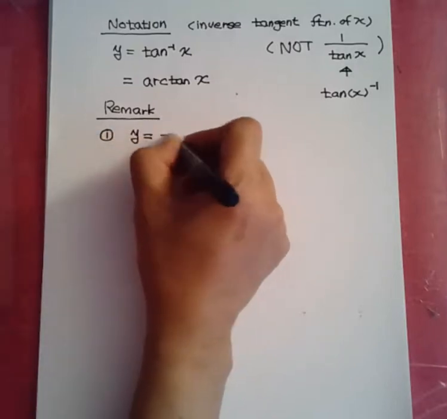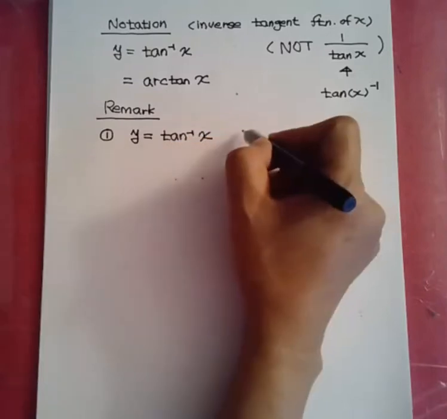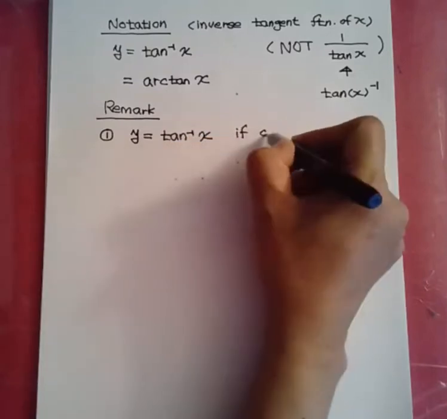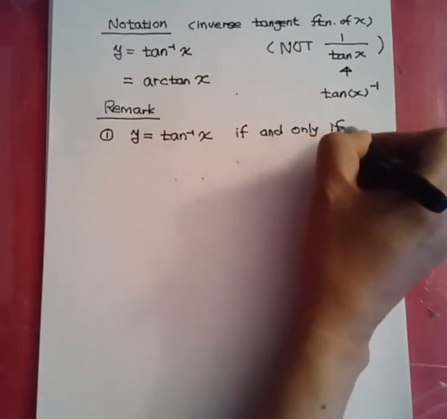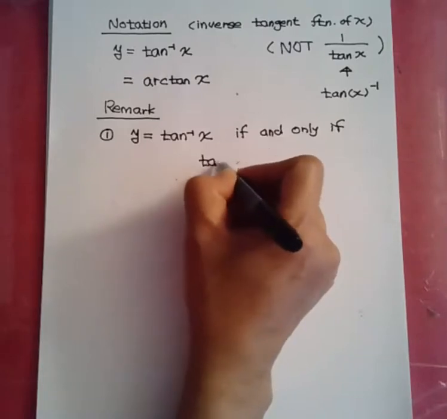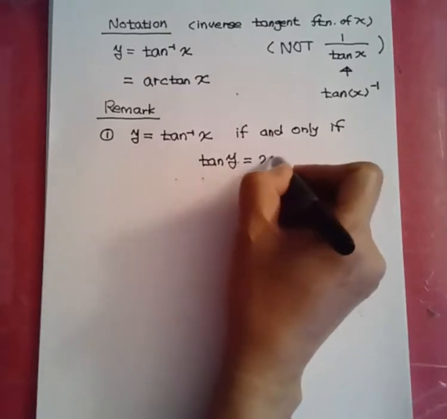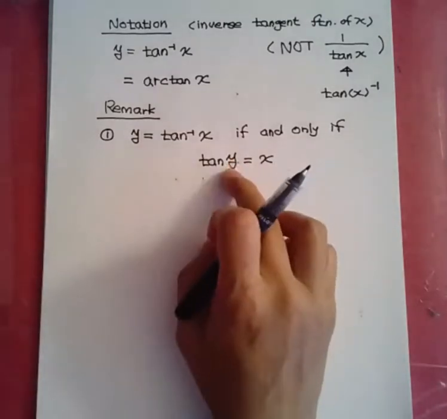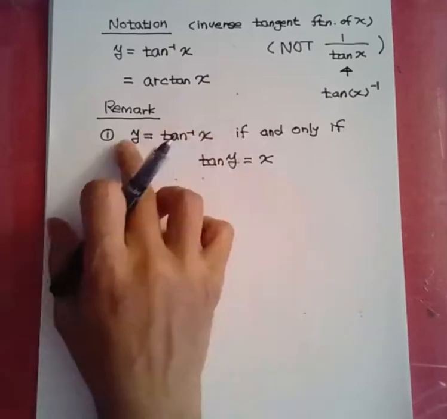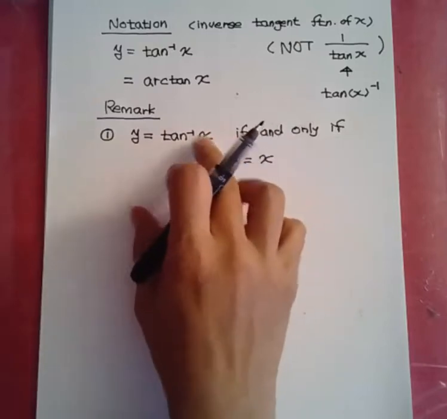y equals tangent inverse of x means tangent of y equals x, meaning the input of the tangent function became an output, and the output of the tangent function became an input.